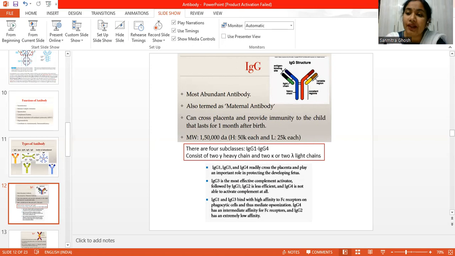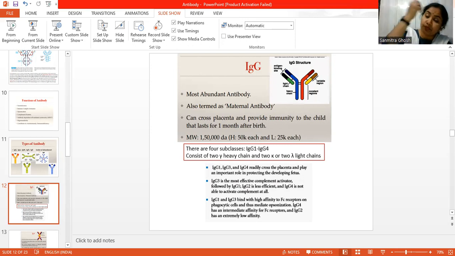So as you can see from this stratification of their functionality, IgG1 and IgG3 are playing the most important role. And IgG is the form of the antibody that is secreted first from the B lymphocytes.